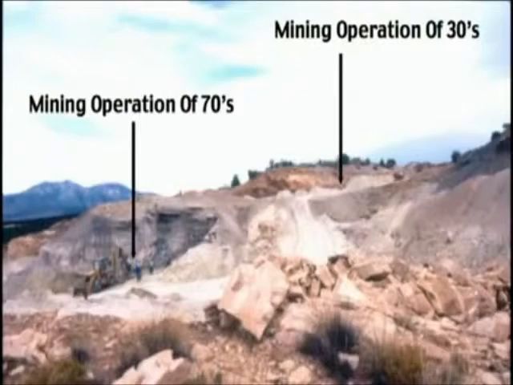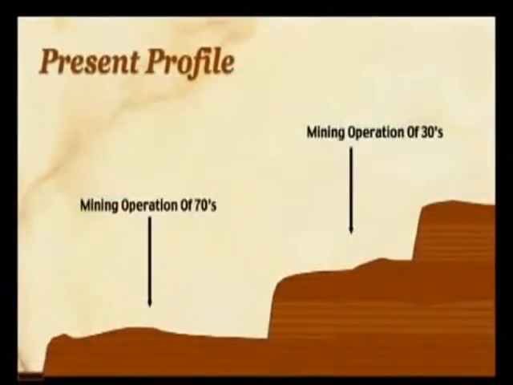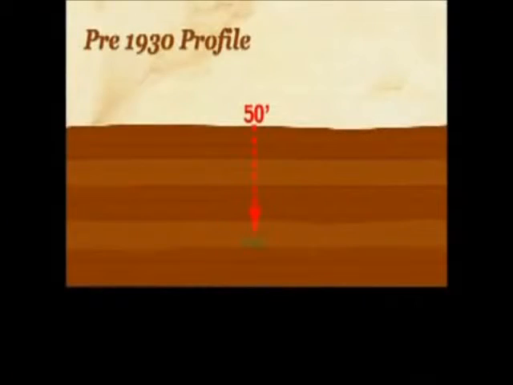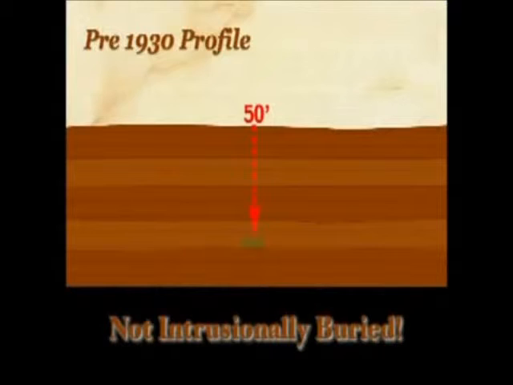And then they went on down to this level where the skeletons were found. Again, a diagram here shows the mining operation of the 30s and then the 70s. Here the road cut was done in 1930, and prior to the road cut, this was completely continuous. The skeletons were found here, again 50 feet down in the Dakota sandstone. There is zero evidence for the intrusional burial of these skeletons.